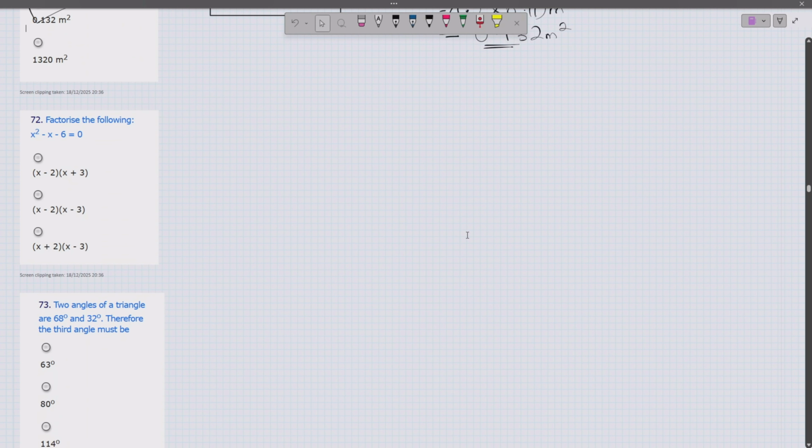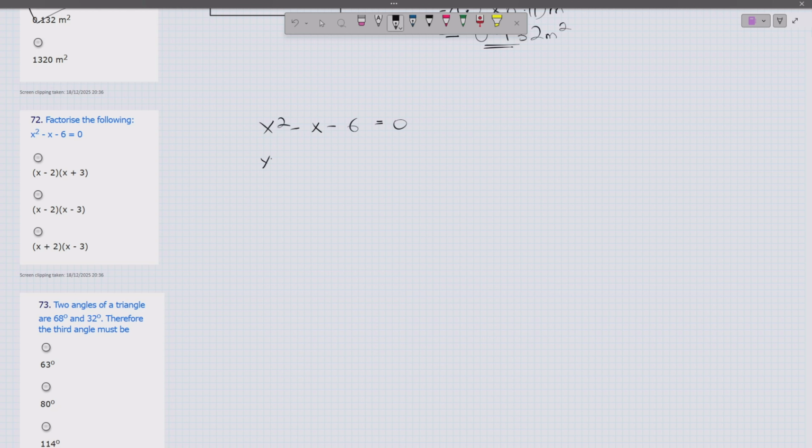Factorize the expression x squared minus x minus 6 equals 0. There are only two factors. When you add them, you get minus 1, and when you multiply them, you get minus 6. And these factors are supposed to be factors of 6. So we have plus 2 and minus 3.